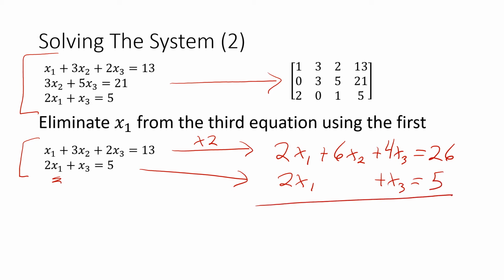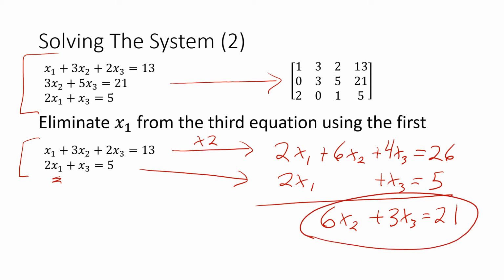Subtract again. What am I going to get? 6x2 plus 3x3 equals 21. Again, I'm eliminating that variable from the third equation, so that means I take my new equation and replace my third equation with that. And what do I get?